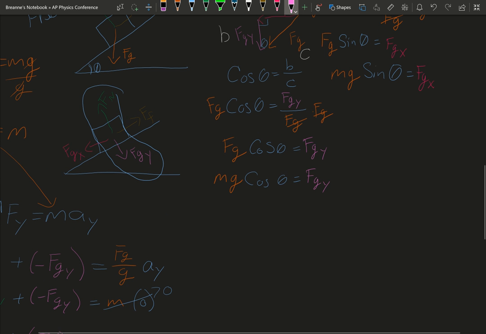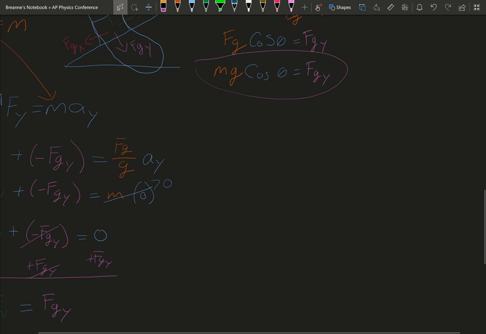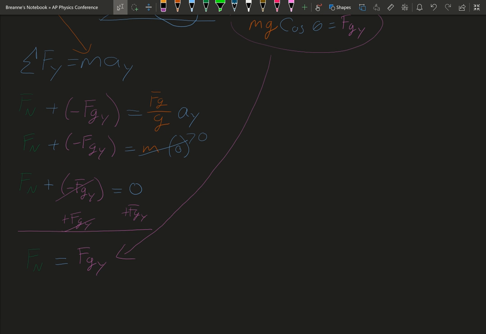And we know what our force of gravity in the y equals. We have that equation, so we can plug it in. Our force of normal equals our mass times gravity cosine theta. So there we go. That would be our normal force.